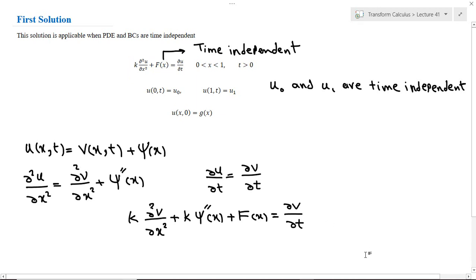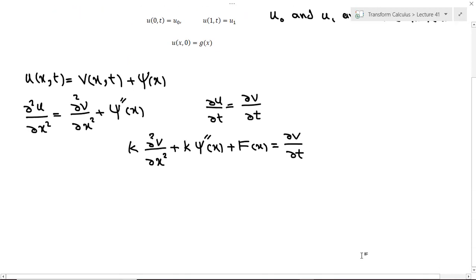We could find a new partial differential equation, and we have to find v and psi of x. This equation is still non-homogeneous.